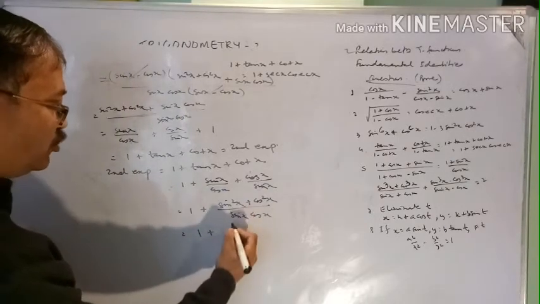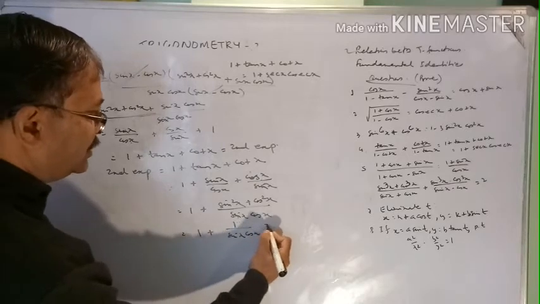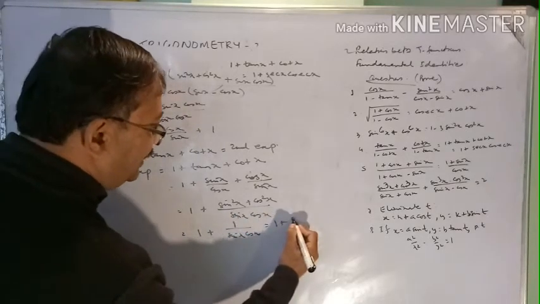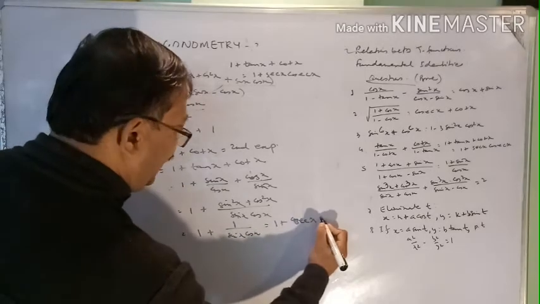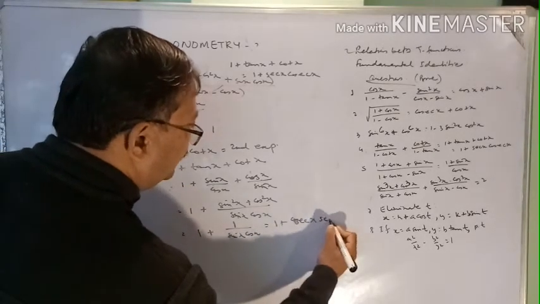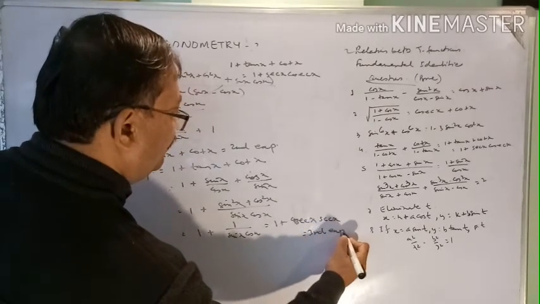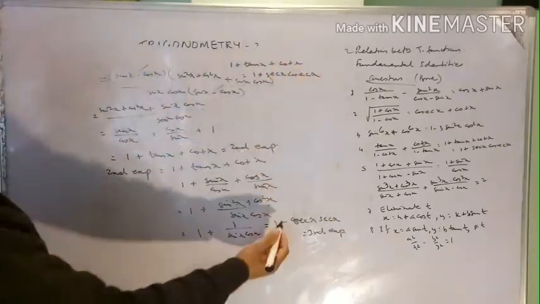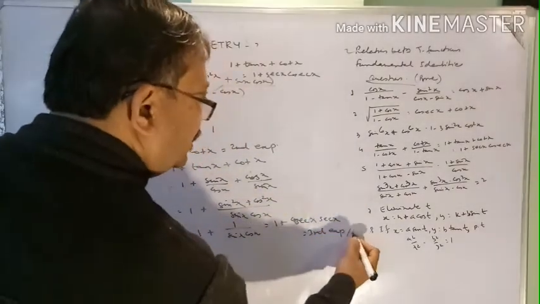So 1 plus 1 by sin x cos x equals 1 plus 1 by sin, which is cosec x, and 1 by cos is sec x, equal to the third expression, 1 plus sec x cosec x. Okay, so this is proved.